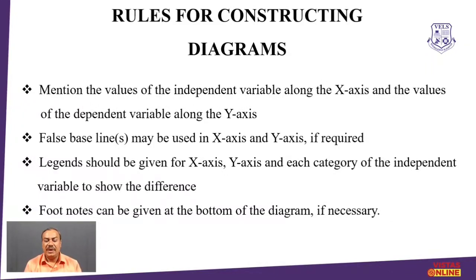A false baseline may be used on the x-axis and y-axis if required. Legends should be used for the x-axis and y-axis and each category of the independent variable to show the difference. Footnotes can be given at the bottom of the diagram if necessary.